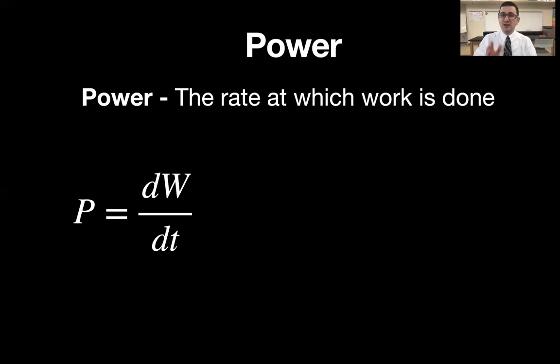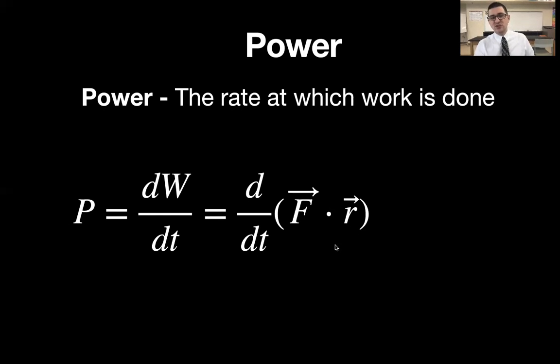Since linear work is a linear force through a linear displacement, we can just take the derivative of that with respect to time. And if we're lucky, then the force is going to be constant with respect to time, and then we can just pop it out. And then the derivative of the displacement with respect to time is just velocity.